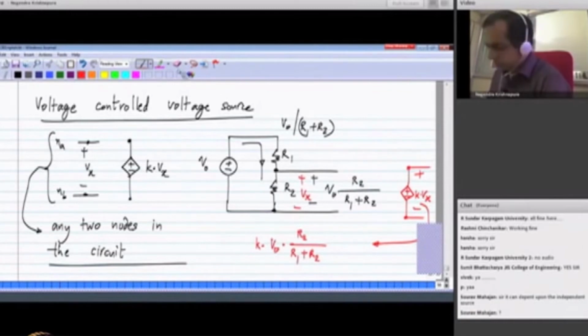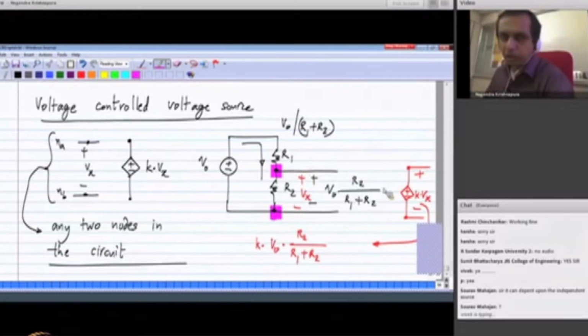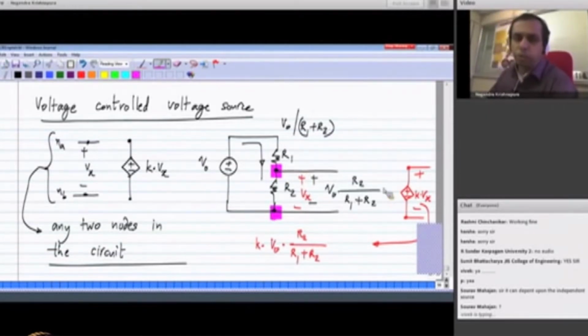Okay, so it very much depends on what this Vx is, and Vx is the voltage between these 2 nodes in this particular circuit. So in general, Vx could be defined to be anything that depends on the circuit, and the voltage of the voltage controlled voltage source will depend on Vx. Okay, so that's what is meant.